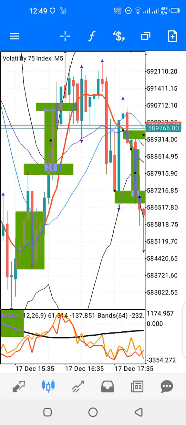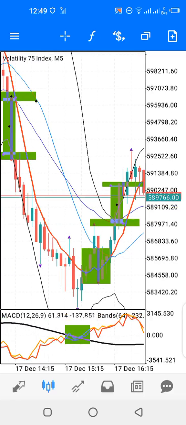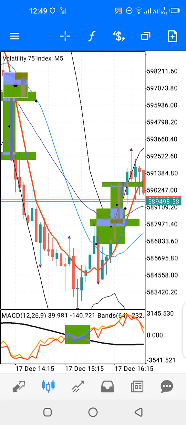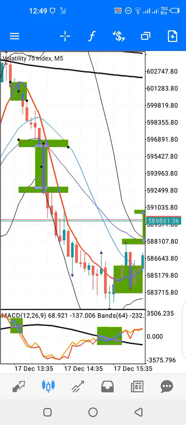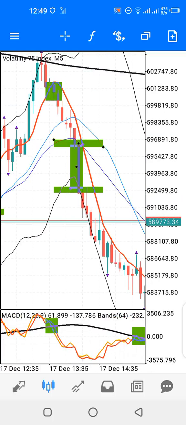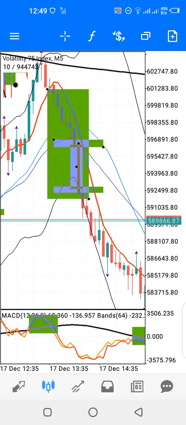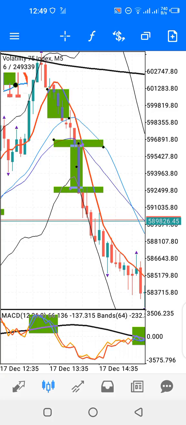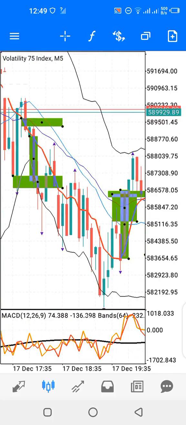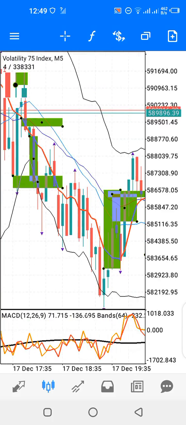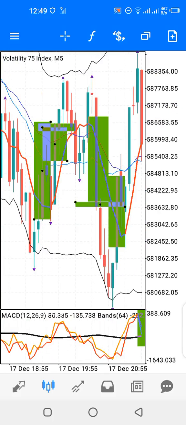You can see at the time it crosses up here, price went up, and when it crossed down here, price went down. So at every crossing you have price reacting.